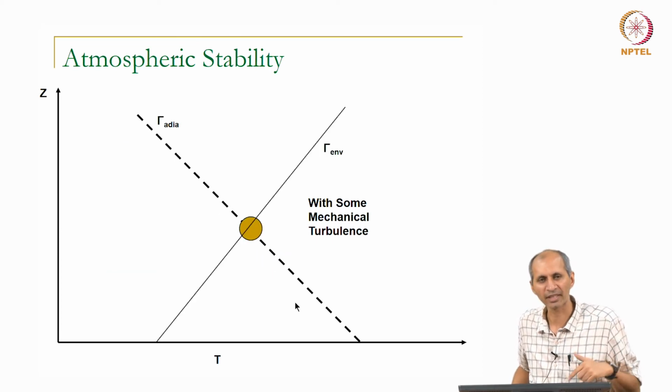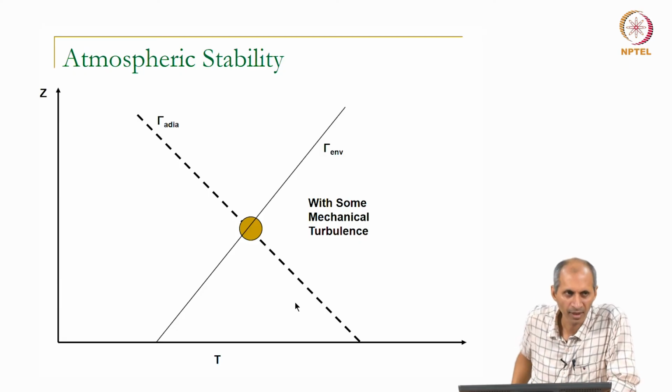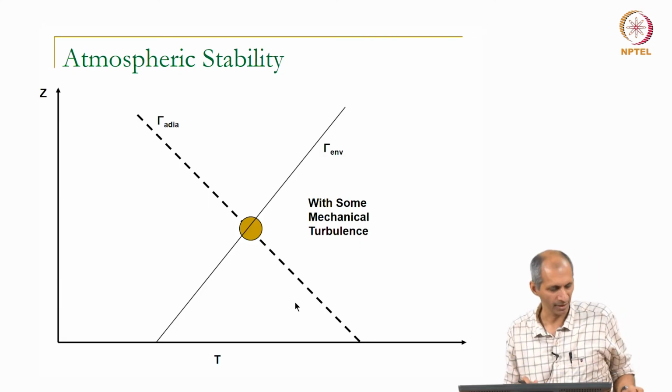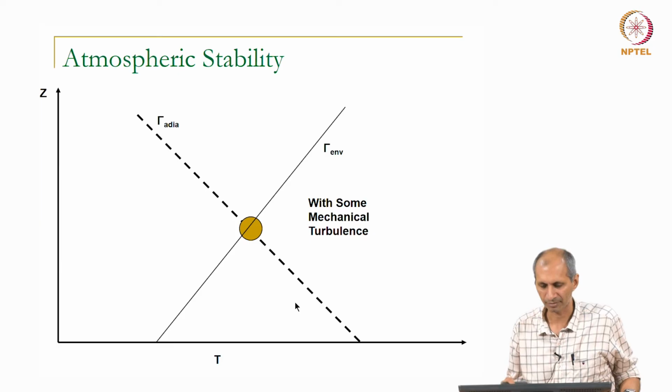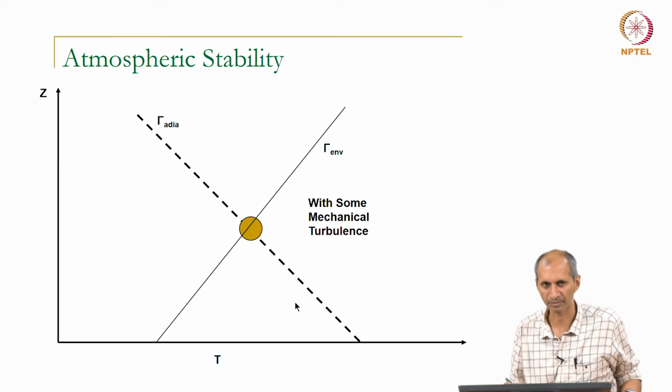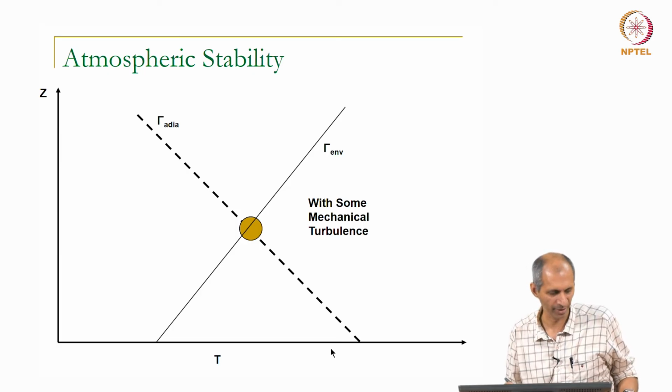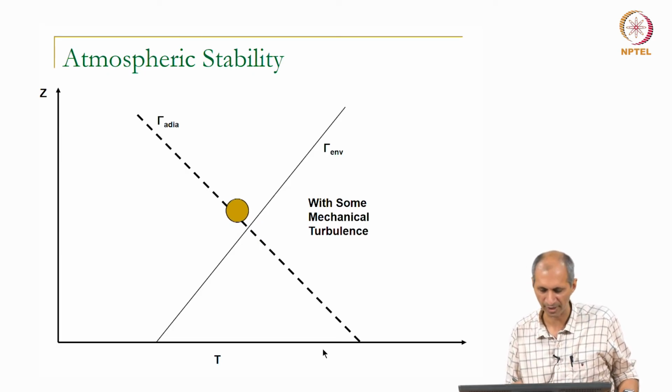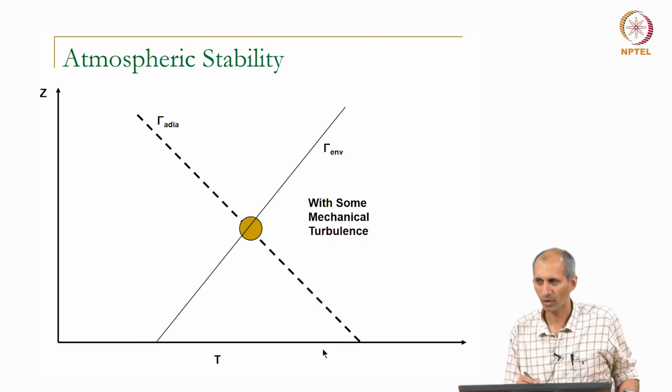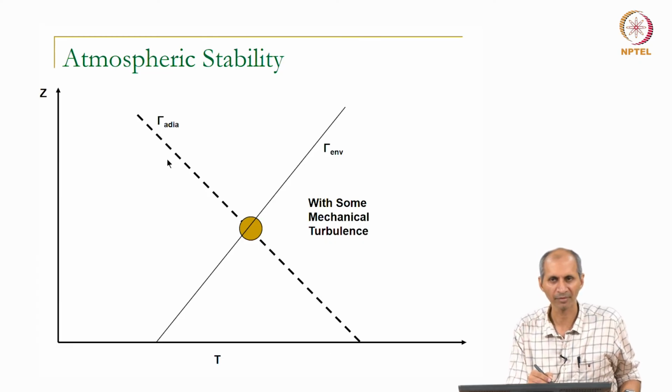If you have a system like this, and I push it, the environmental lapse rate is this bold line, and the dotted line is the adiabatic lapse rate. So, the pollutant is supposed to go there. If I move it here, it goes up, but when it goes up, its temperature is lower than that of the surrounding environment.